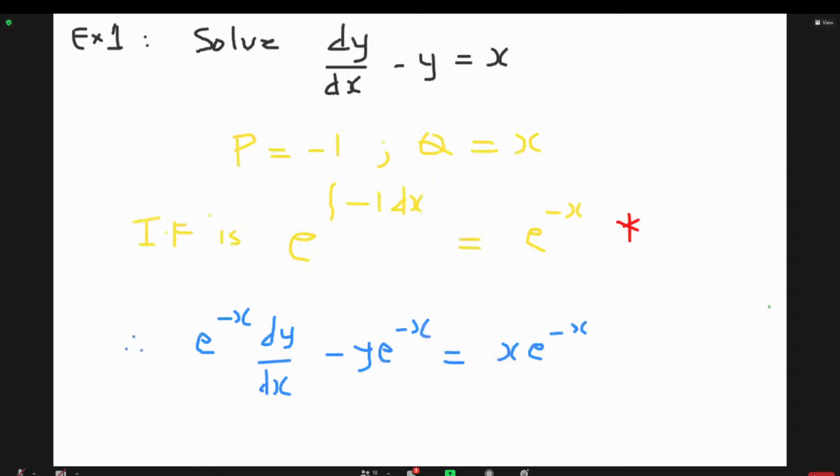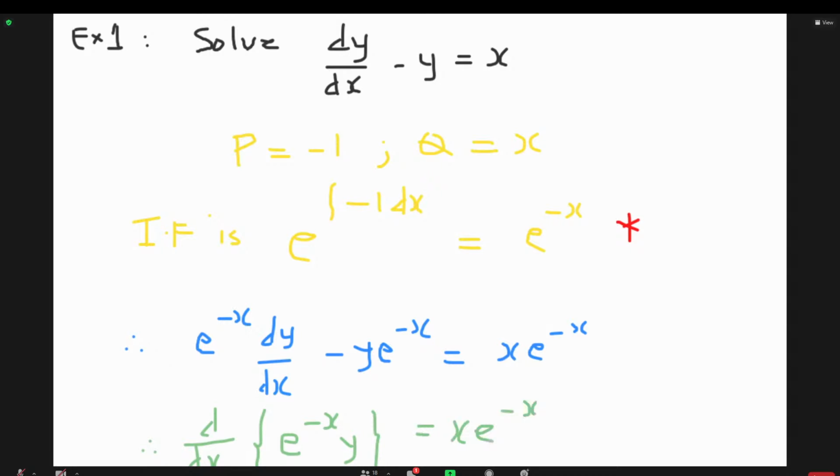So therefore, d/dx of, now, there's no particular reason for using the curly brackets, e to the minus x y, is equal to x e to the minus x.